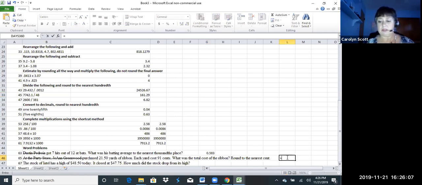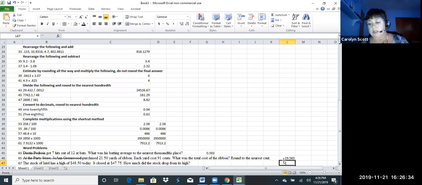This one becomes pretty easy. 21.50, because that's how many yards she purchased, and the price of each yard is 91 cents, which is literally 91 pennies, or 100 pennies in a dollar. So it's 0.91.